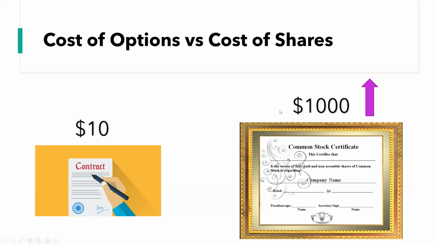When the share price moves to, let's say, $20, the worth of your contract will go up as well. So just take note, when the share price moves, your contract will move as well. However, the catch is that the share price must move quite significantly for you to see an impact on your contract.